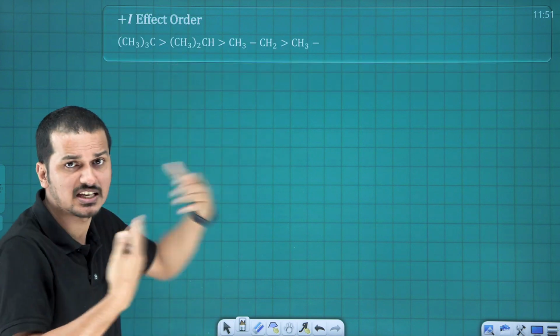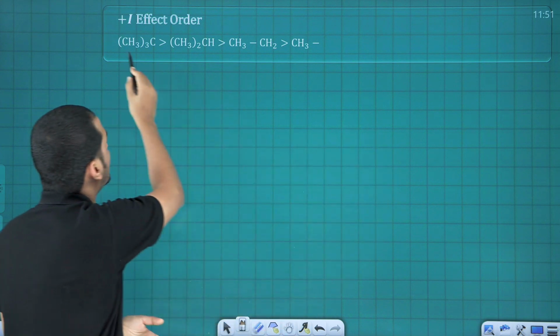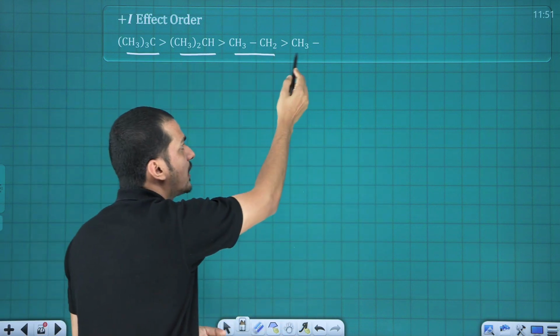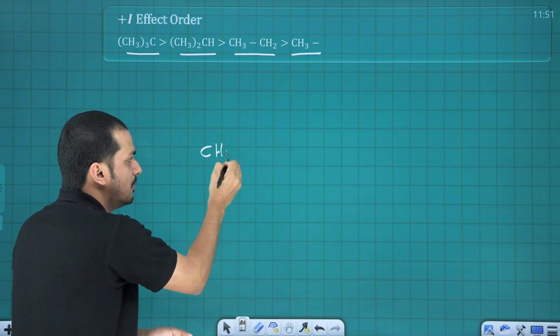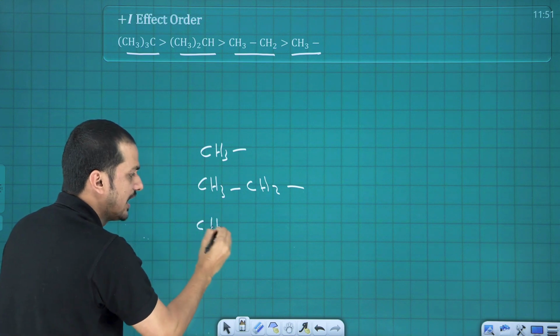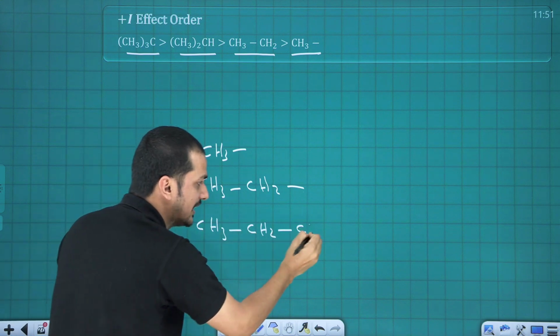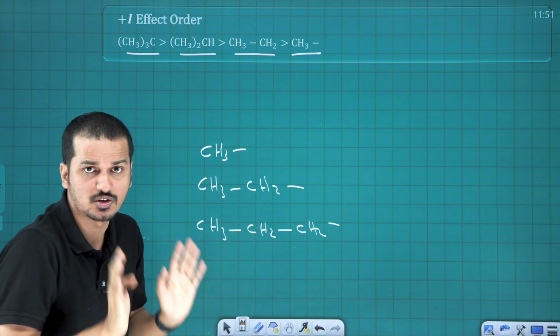Similarly, plus I effect means electron donating, electron pumping tendency. That is for tertiary, then secondary, then primary, then methyl. Whenever the number of carbon atoms increases, if methyl is there, ethyl is there, then propyl is there, the electron pumping tendency, the plus I effect, will increase. Keep that idea in mind.